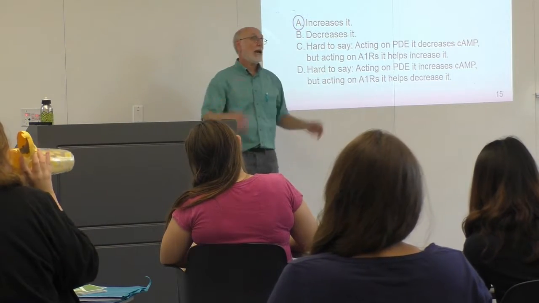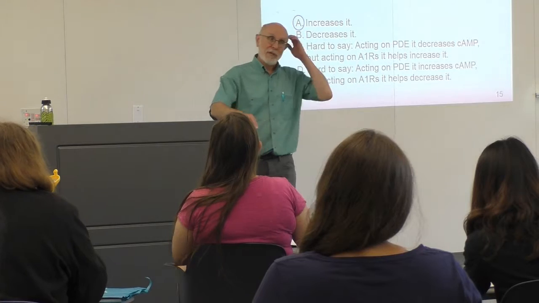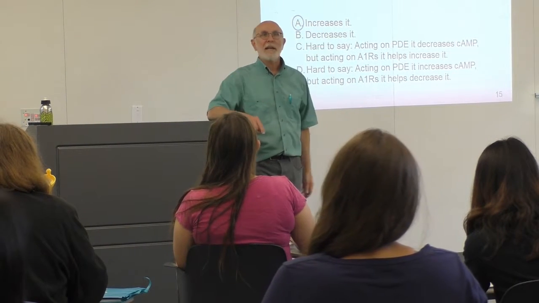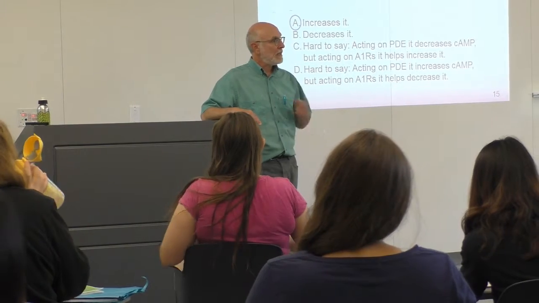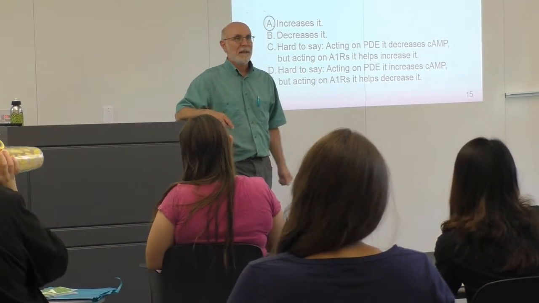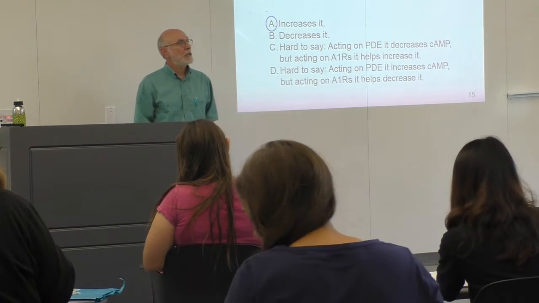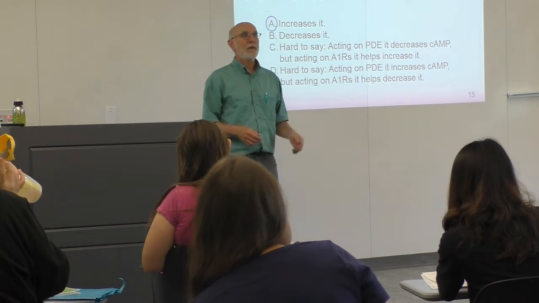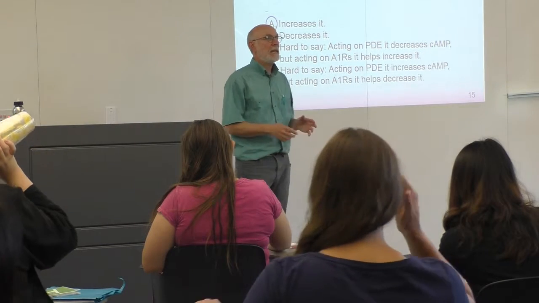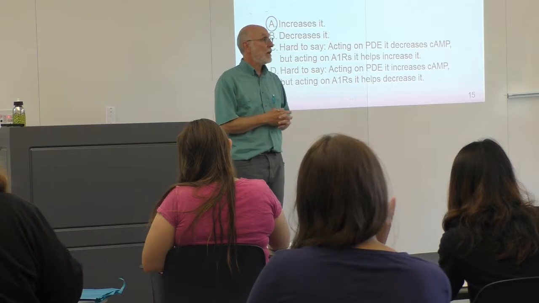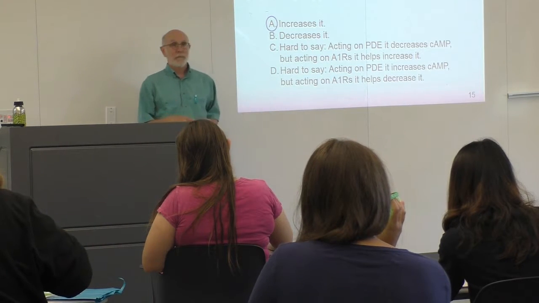And this is what happens in your brain and your heart when you drink coffee. You probably have experienced the energetic effects of coffee, the heart rate effects of coffee. This is what's going on. We won't talk about brain effects too much because it's actually really complicated, but we will talk about the effects of cyclic AMP on heart rate and heart contractility, strength of heart rate, real soon.